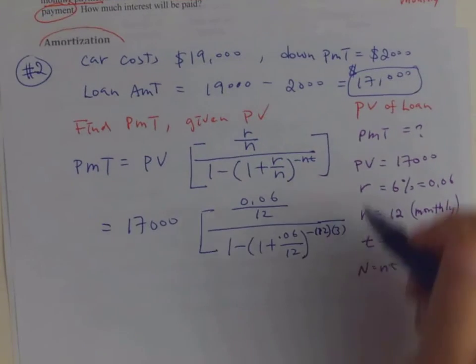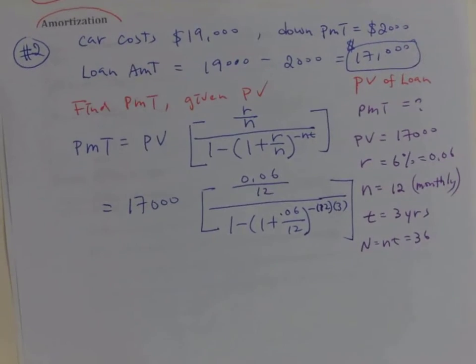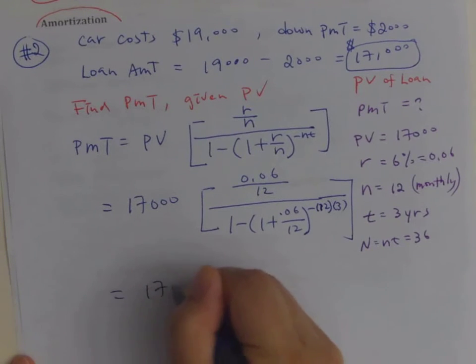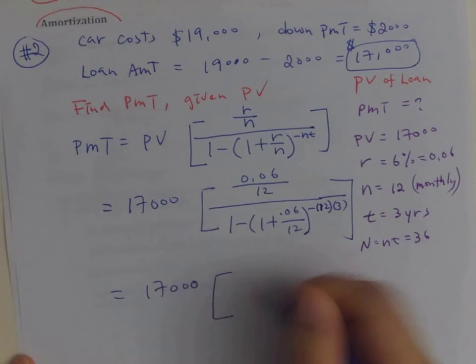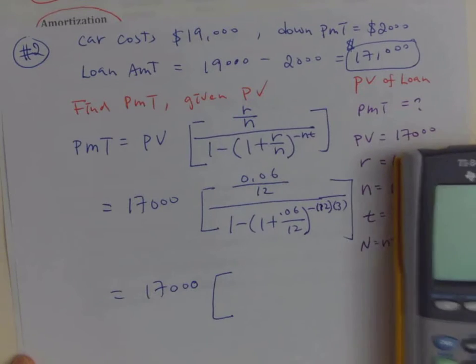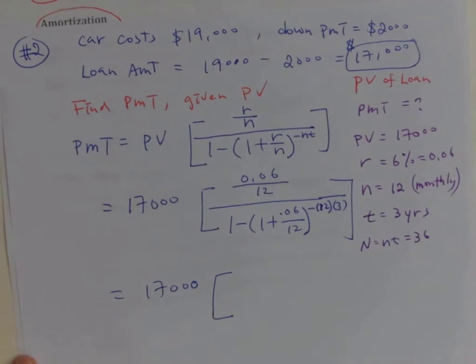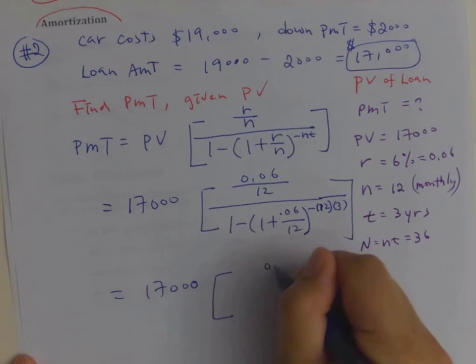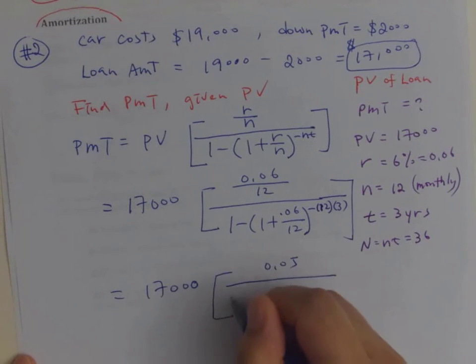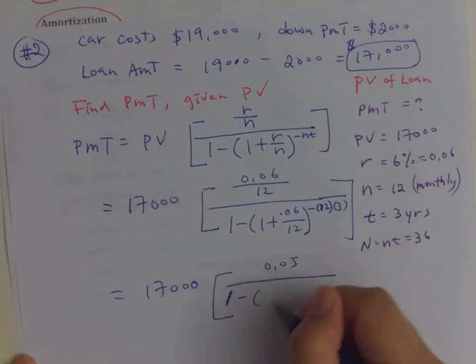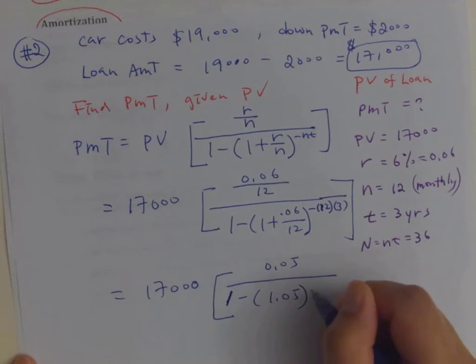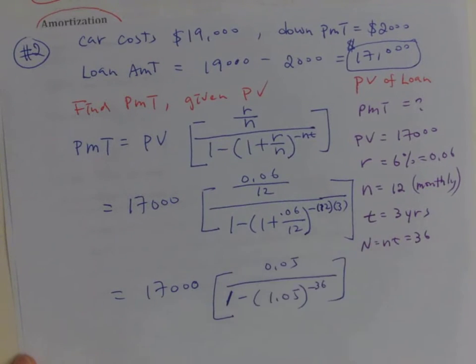If you want to put down negative 36, that would be fine. So 17,000 times 0.06 divided by 12 is 0.05.